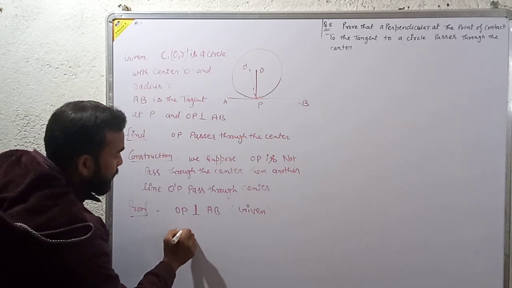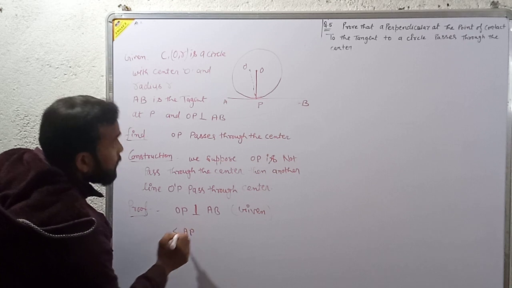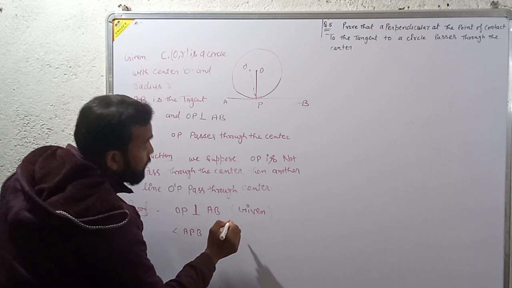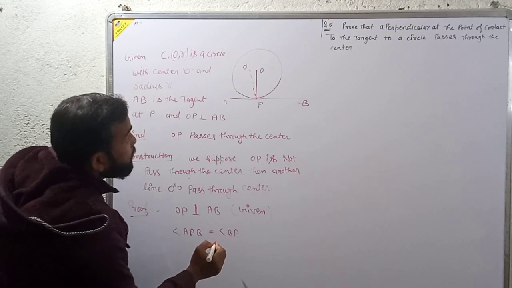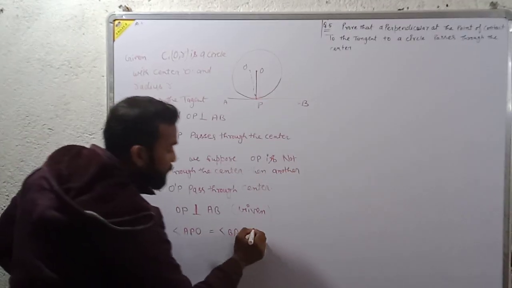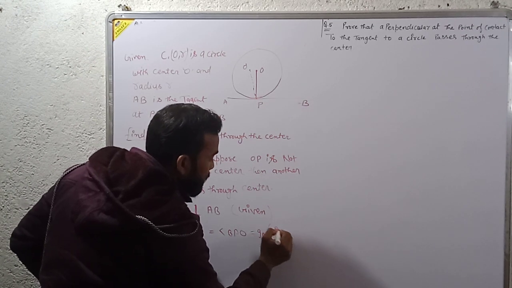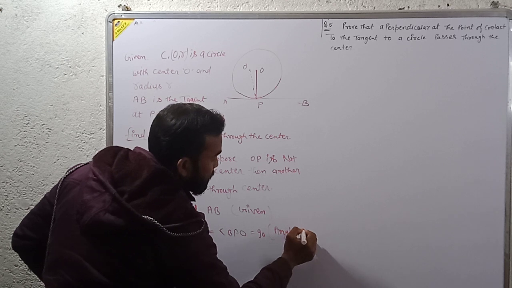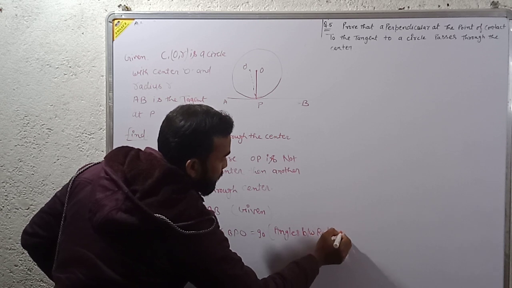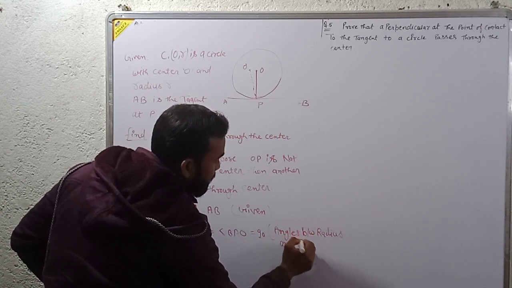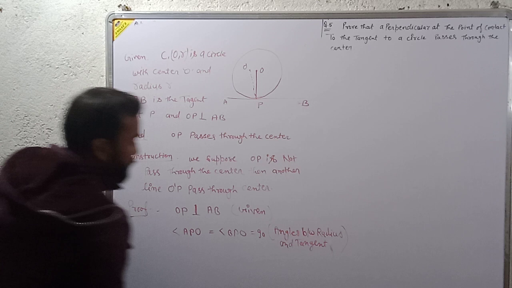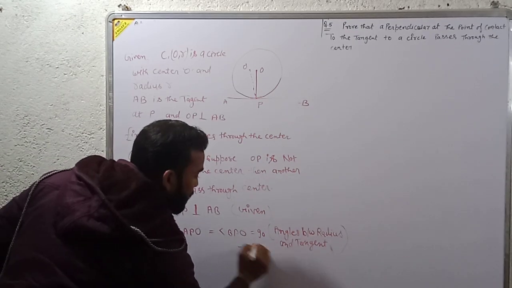So angle APO is equal to angle BPO, equal to 90 degrees, the angles between radius and tangent. This is equation number first.